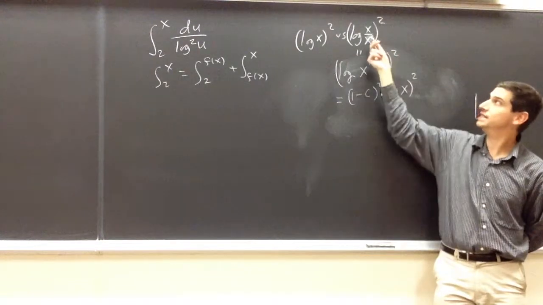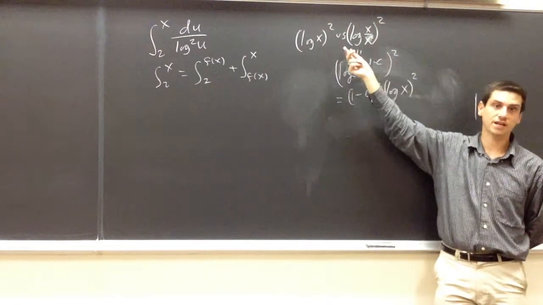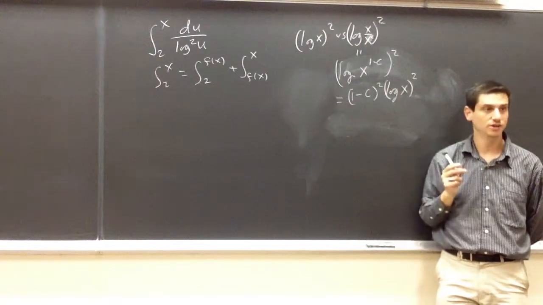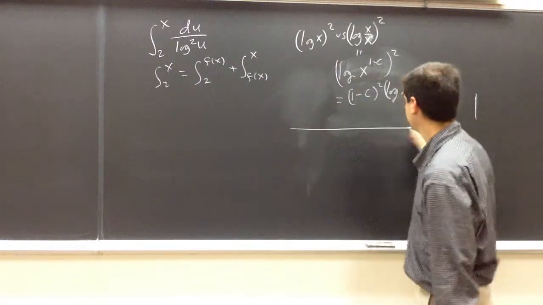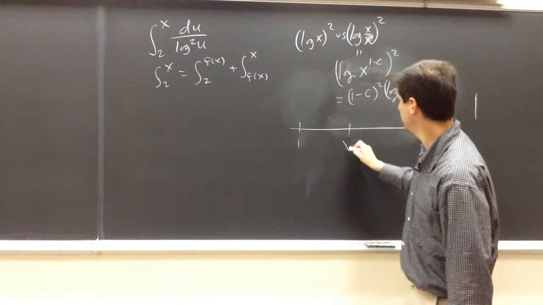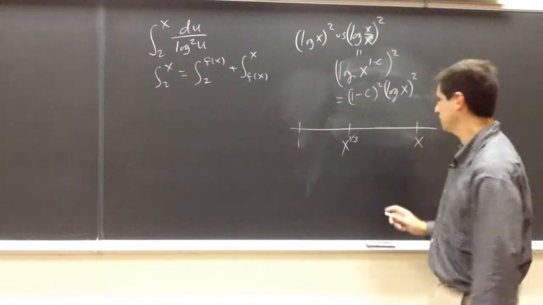Now the amazing thing here is we're going from now not just x to x halves, but from x all the way down to a power savings. That is enormous in terms of how much we're moving. So if you think about the interval, here's 1, here's x to the 1/3 for definiteness, here's x.